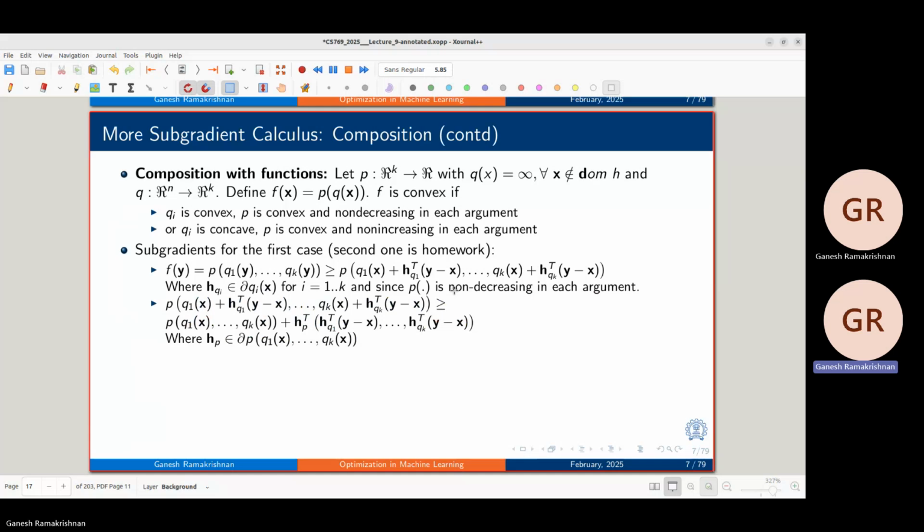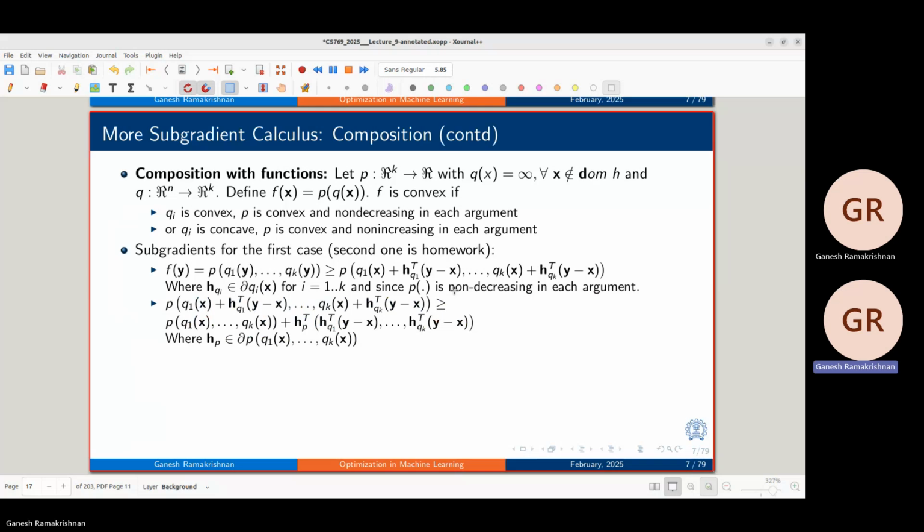So you see, I've got my new subgradient, using an HP from the subdifferential of P and HQIs from the subdifferentials of QIs.